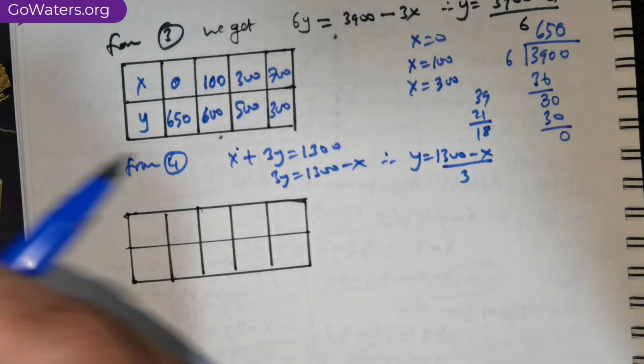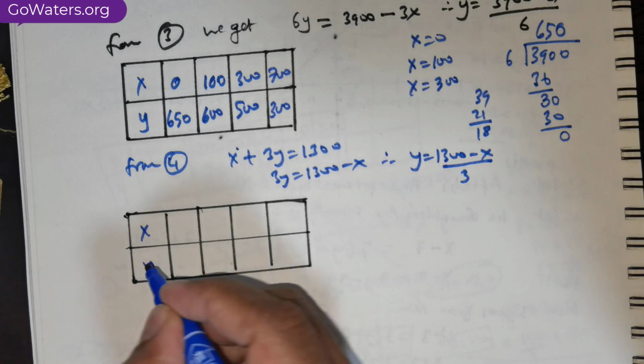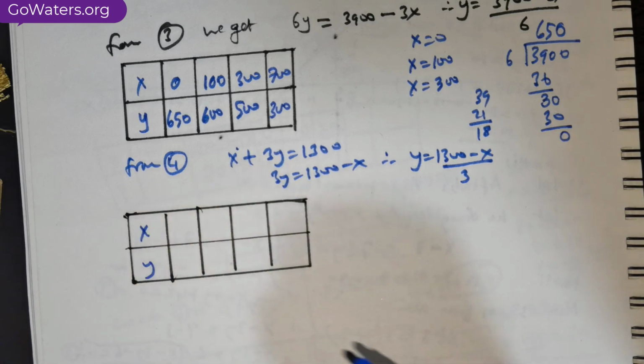So I'm going to take x here and y, and we can choose the values.